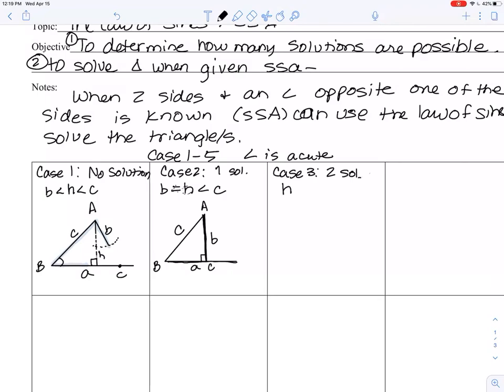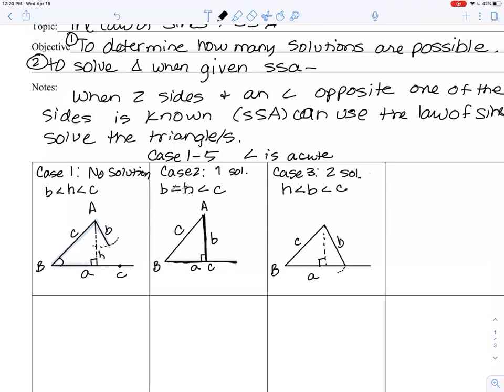So the height is going to be less than side B, which is less than side C. So we're going to draw side A. Here's angle B, here's the height, side C. This is side A, and then side B is here.